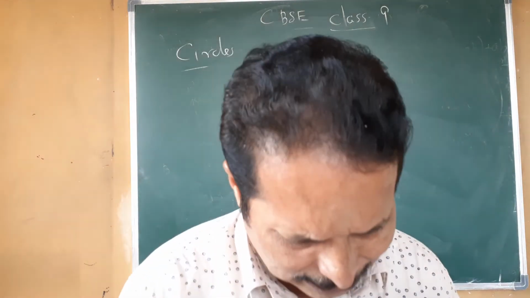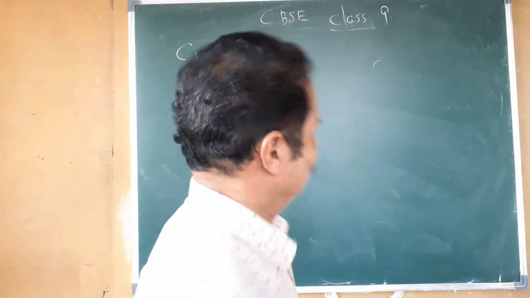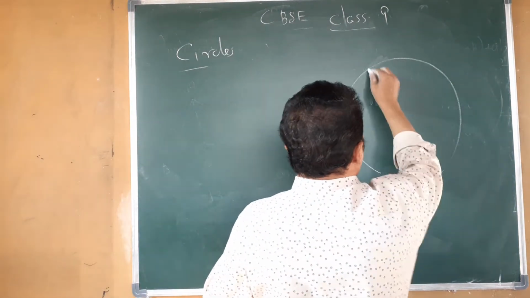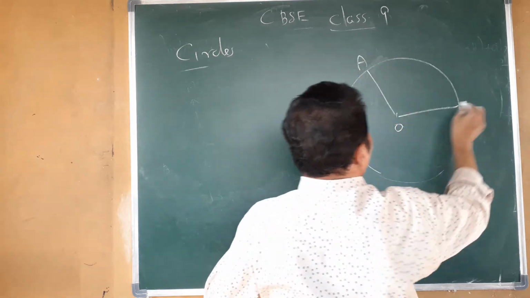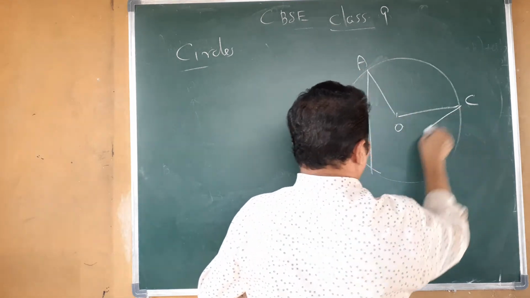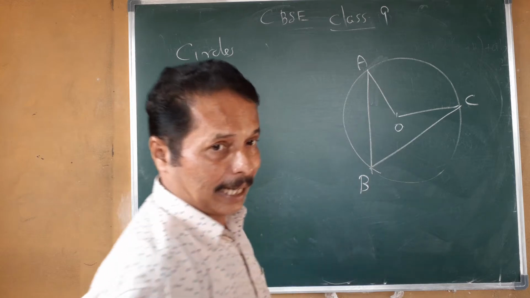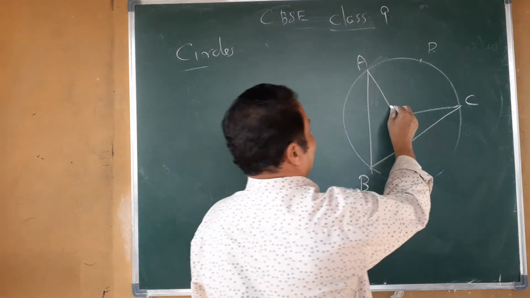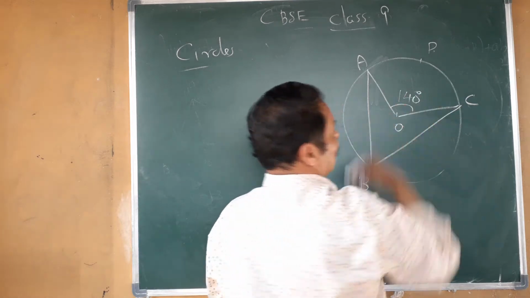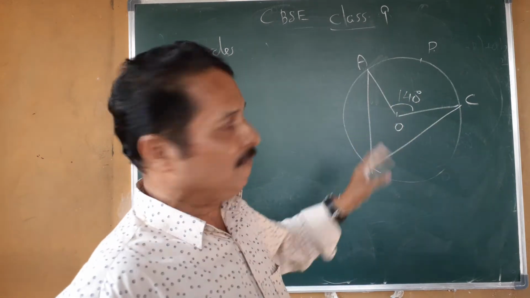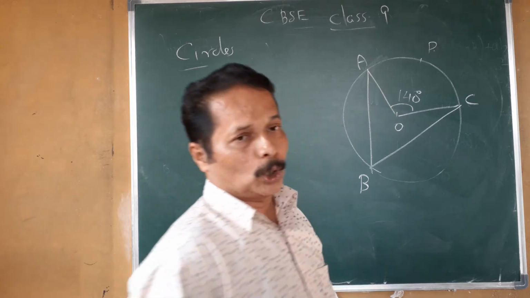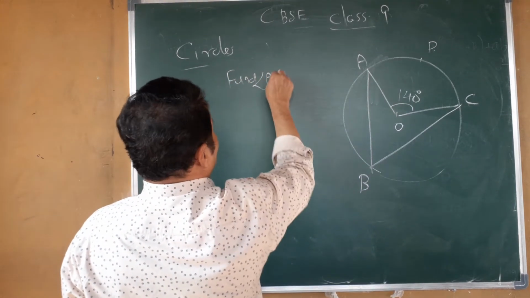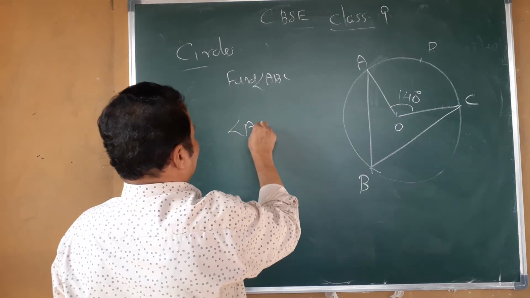The question is, look at that. O is the center of the circle and ABC is an arc. D is a point on the circle and it is given that angle AOC equals 140 degrees. Find angle ABC and angle ADC.